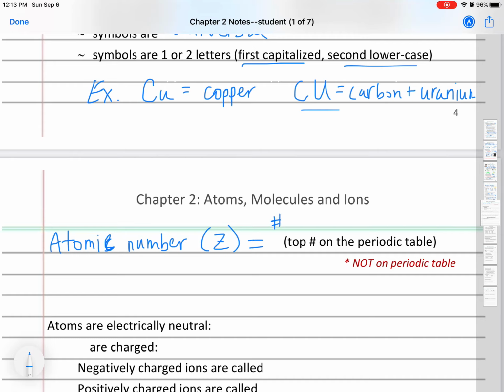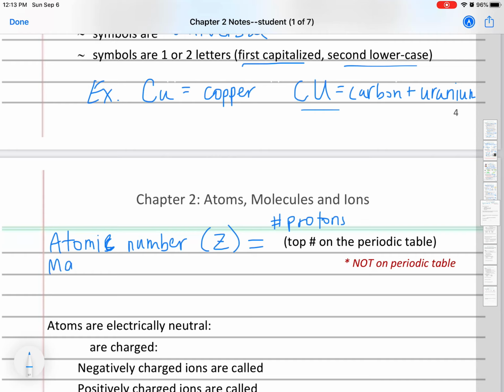And it represents the number of protons in an atom of that element. If you pull out a periodic table right now, look at carbon. The number above it is 6. That means that every carbon atom has 6 protons. And any atom on the planet that has 6 protons is therefore an atom of carbon.